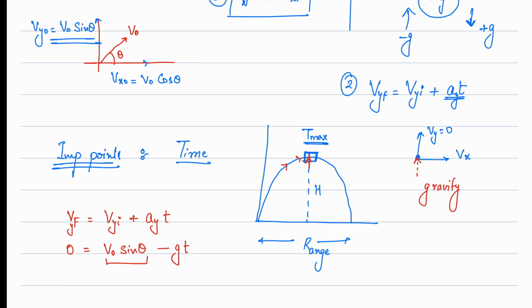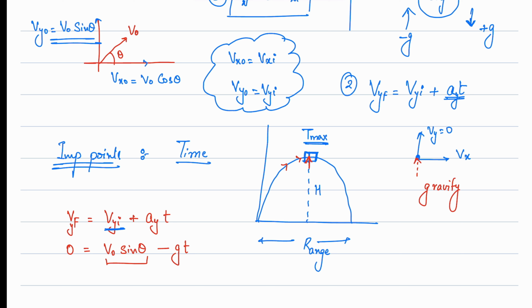Clear? So I can use Vyi or Vy naught. We can say Vx naught equals Vxi, Vy naught equals Vyi. This is something you have to keep in mind.